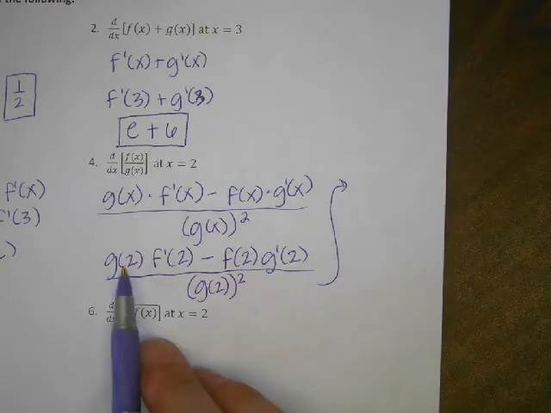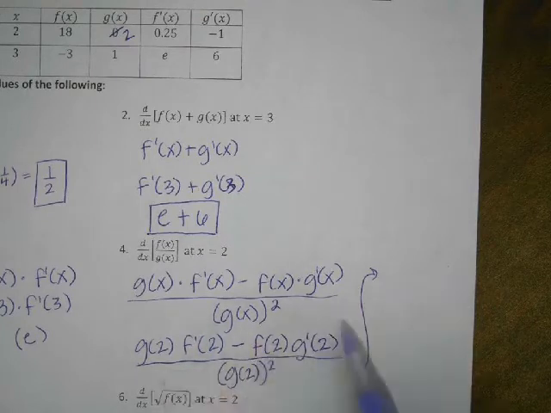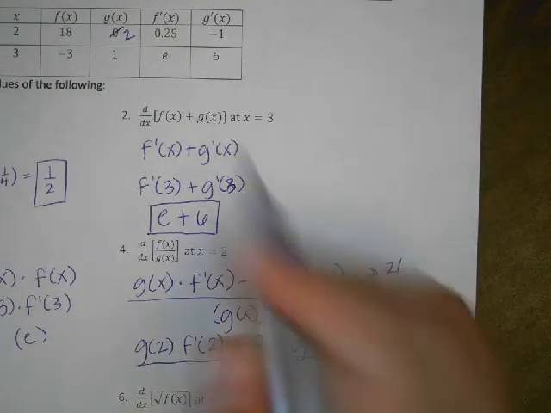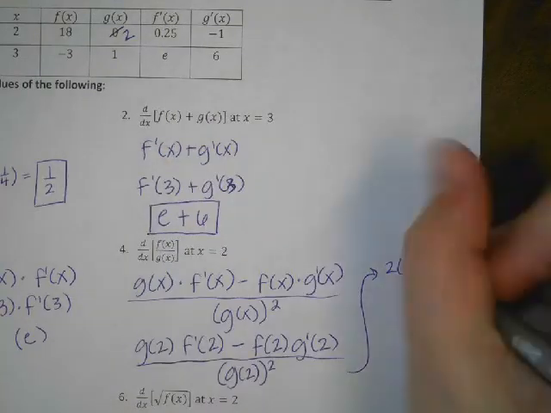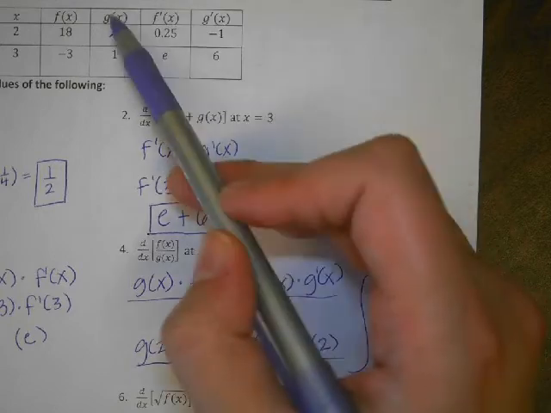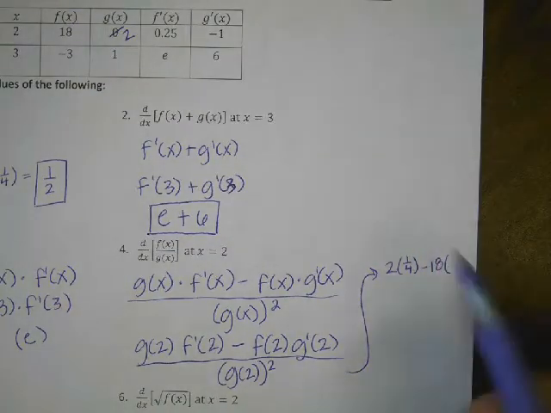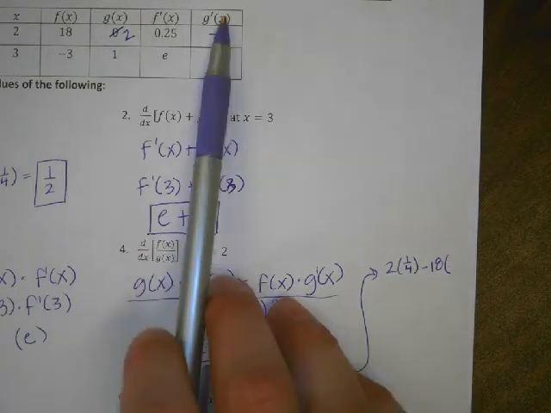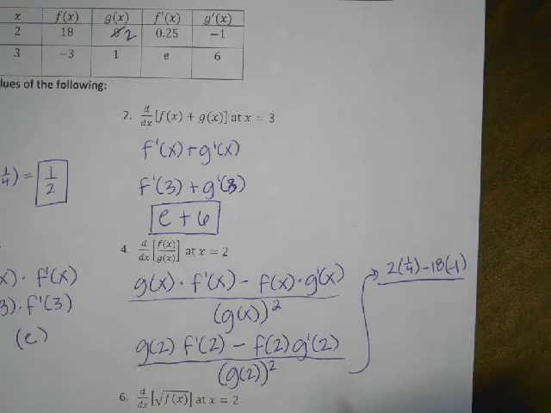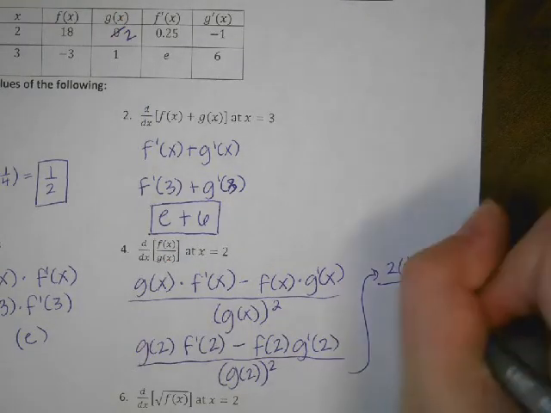So if I use my table, g of 2 is 2, f prime of 2 is 1/4, f of 2 is 18, g prime of 2 is -1, and then g of 2 is 2 squared.